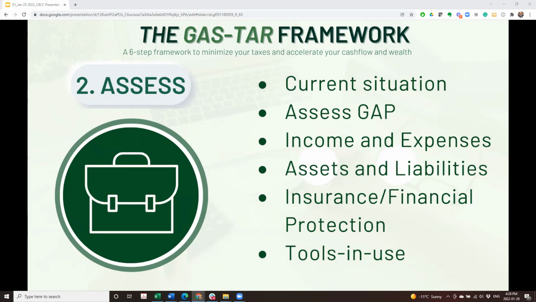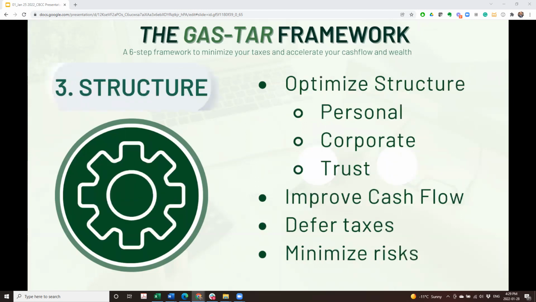You're looking at your debt to make sure that you have productive debt and not consumer debt. You're looking at your assets to make sure that those assets are efficient. You're looking at insurance to determine that you have enough financial defense, and you're making sure that you're using all the tools that we have in our tax system to generate wealth in a tax efficient way.